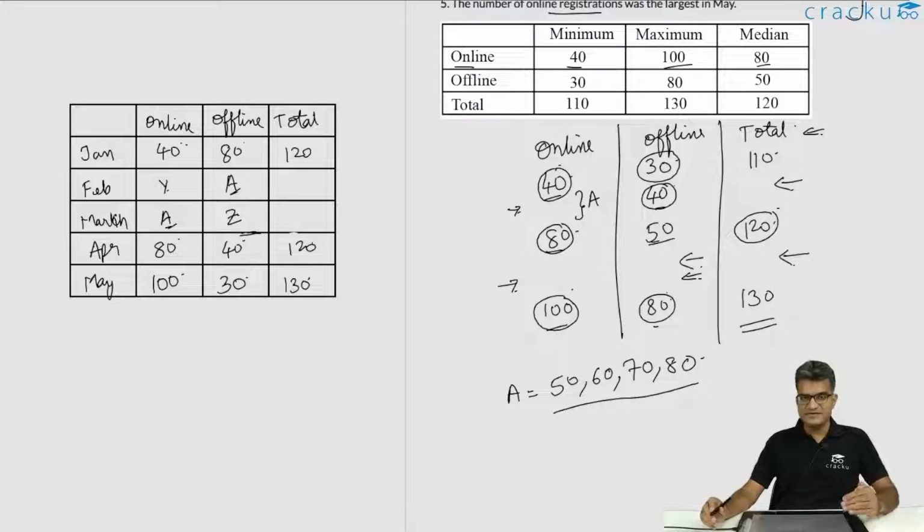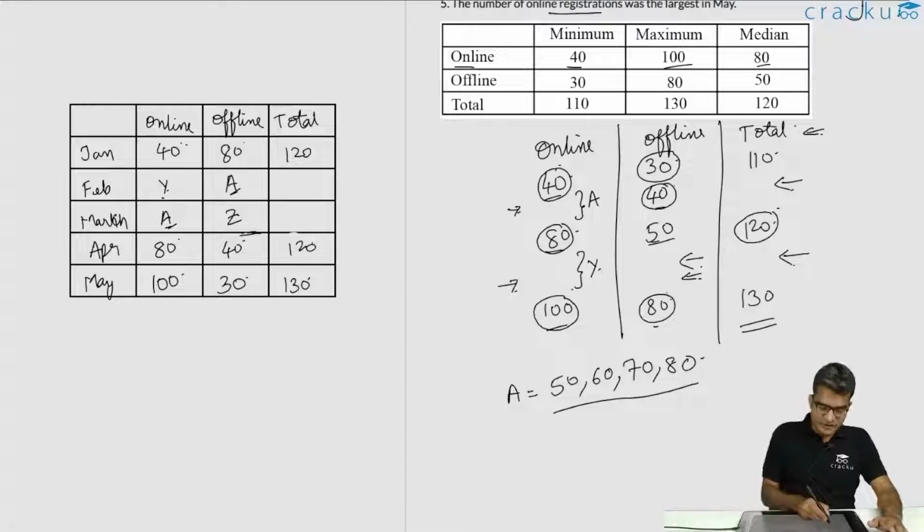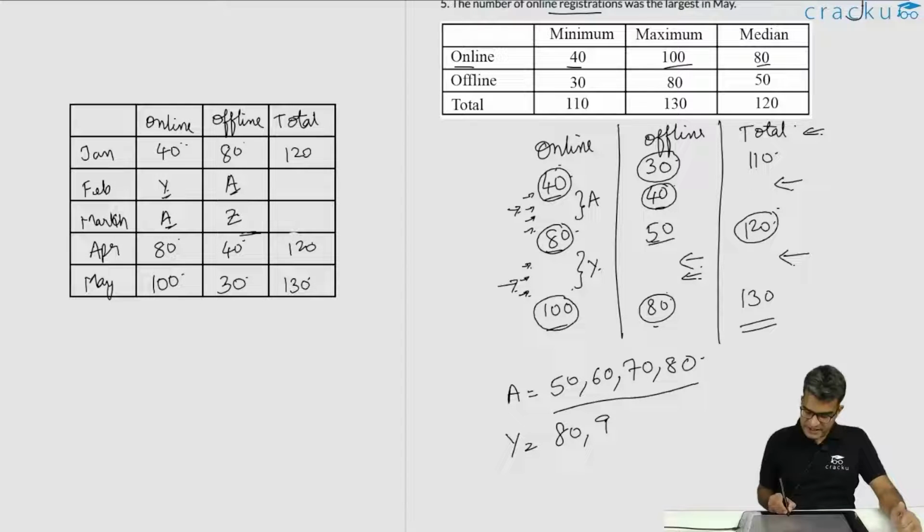And this will be the place where Y will come, which lies between 80 and 100. So A will be either 50 or 60 or 70 or 80, and Y will be 80 or 90 or 100. This is as far as the online segment is concerned.